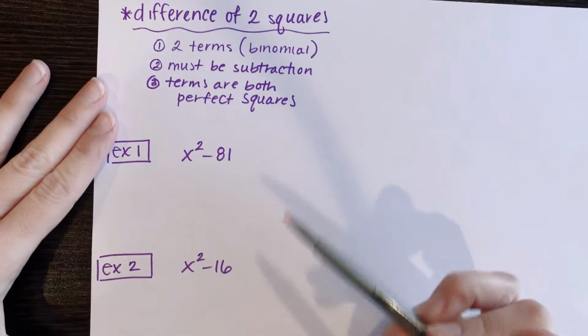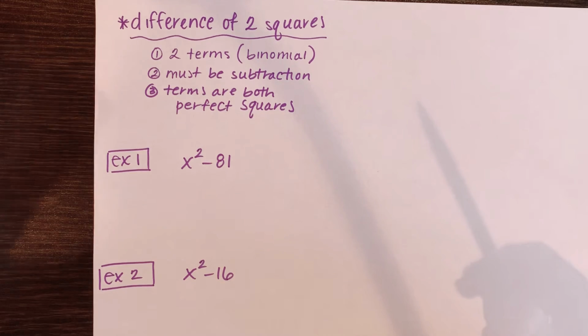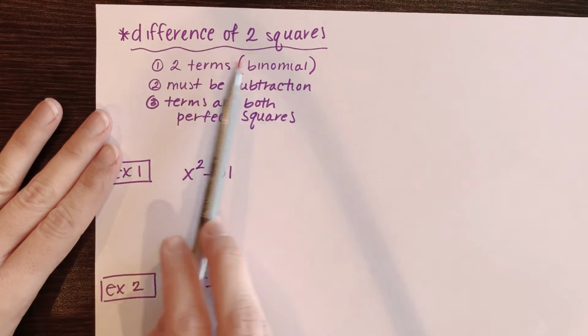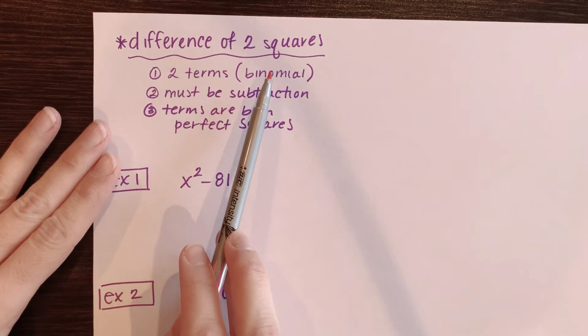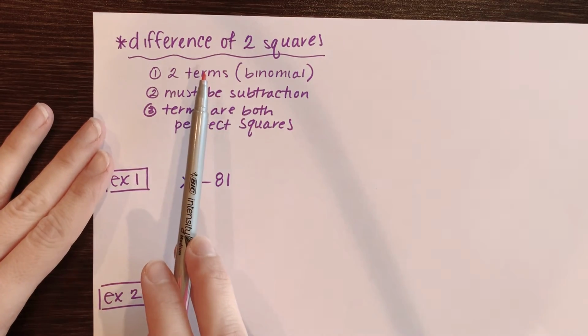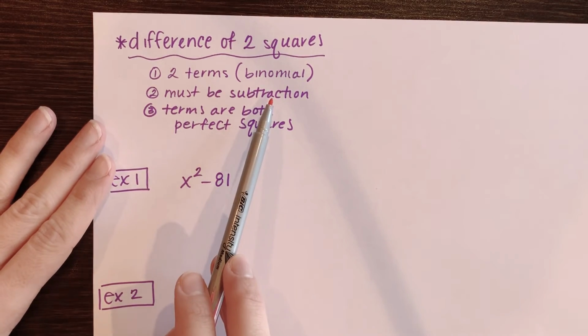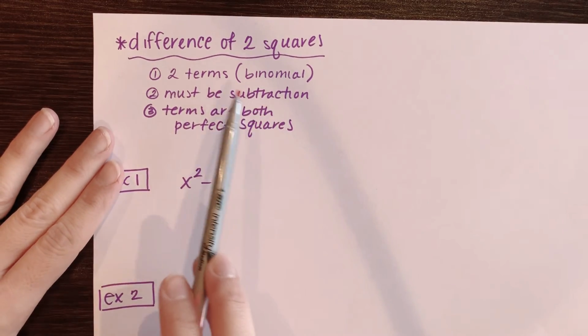So if you take a look at some of these first example problems, you see what they look like. Like we said, binomials, right? So we talked about from our warm-up how we're going to see binomials now. That's one of my requirements for this to even be the difference of two squares. I can only have two terms, has to be a binomial. There has to be subtraction in between. We talked about where this name comes from.